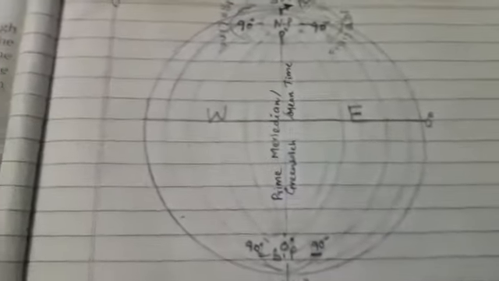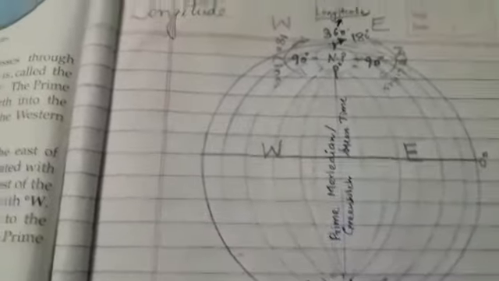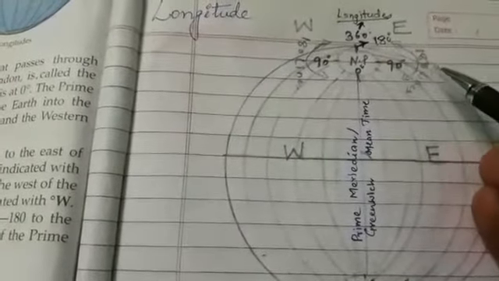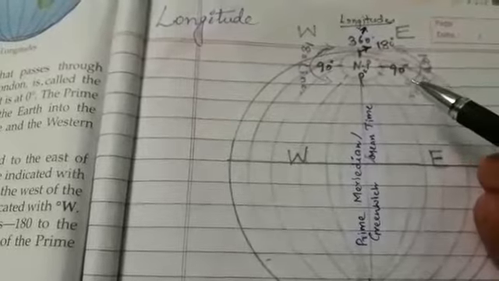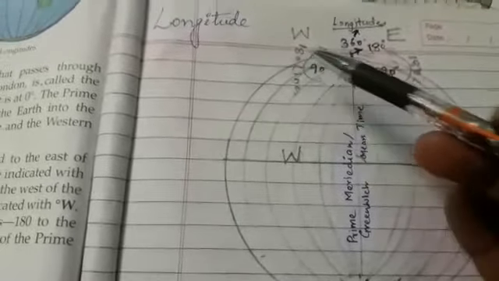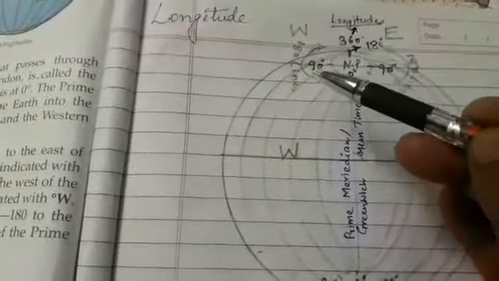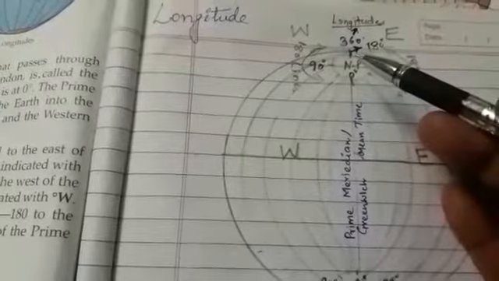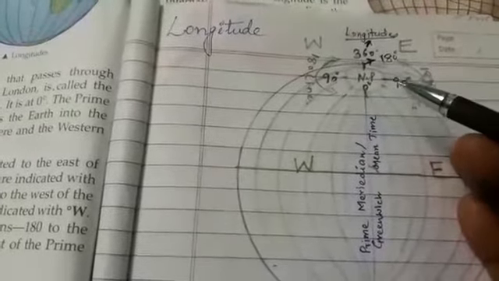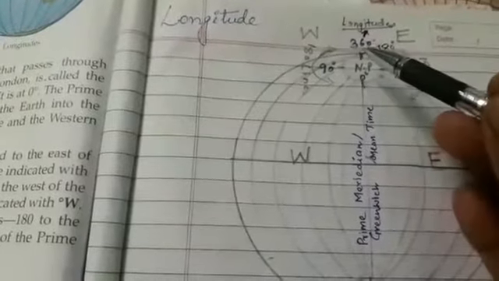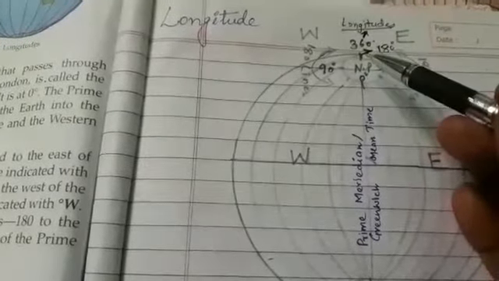Now coming to the next one. As we all know, the sun rises from the east. When the earth takes one rotation, when the sun crosses this 180 degree, we gain a new day.